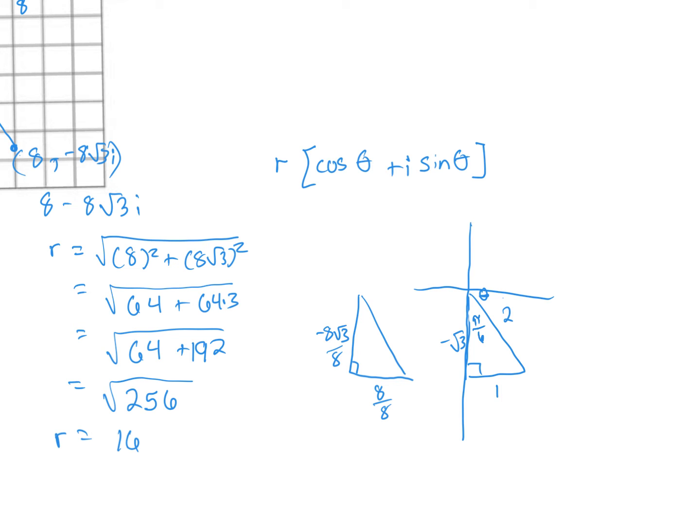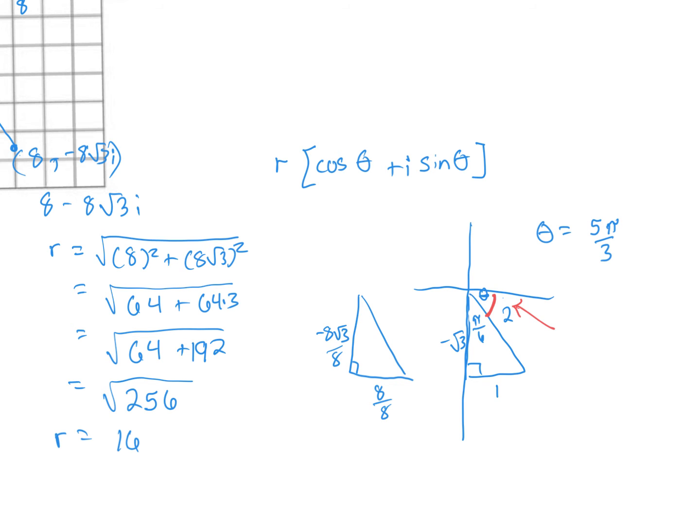I want my reference angle, which is right here. This is the angle that I'm working with. So that is 90 degrees minus 30 degrees, which is 60 degrees. So I want 60 degrees in the fourth quadrant. My theta must then be 5 pi over 3.